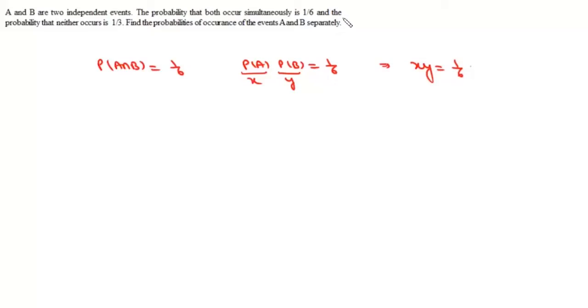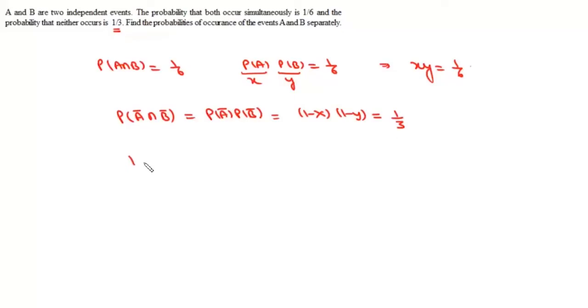And the second probability is neither occurs is 1 by 3. Now neither of them occurs means probability of A complement intersection B complement. Now since they are independent, their complements are also independent. So we can write P(A complement) into P(B complement). Now here in this case it will be 1 minus X into 1 minus Y, and this is 1 by 3.